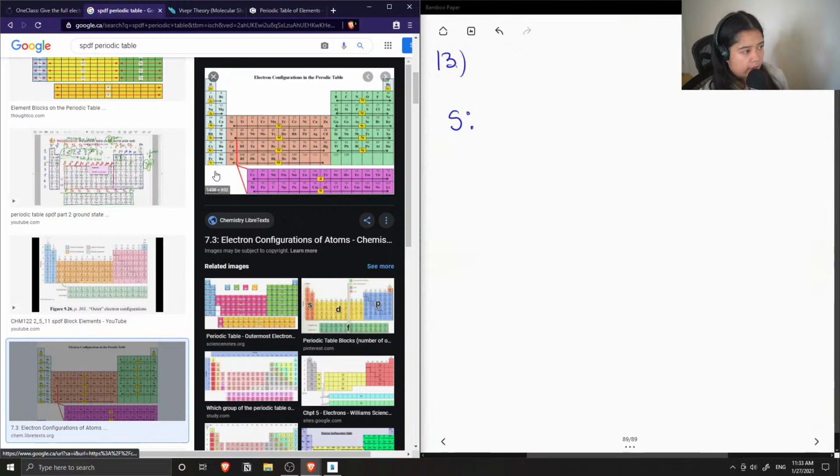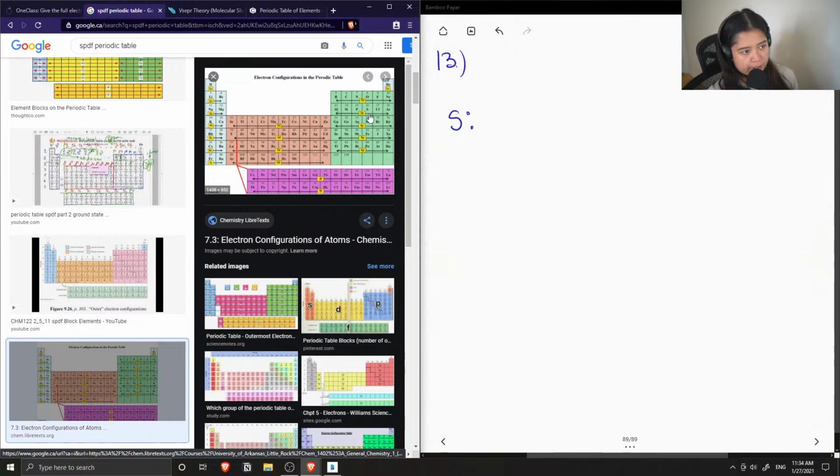So our first two rows is the S block, and then this green portion here is the P block. The middle transition metals is the D block. And finally, these last two rows, the lanthanides and actinides, is the F block.